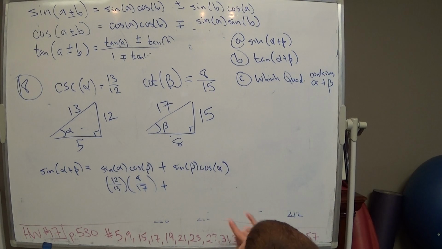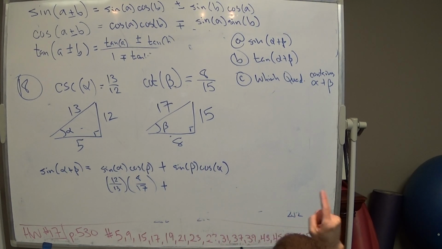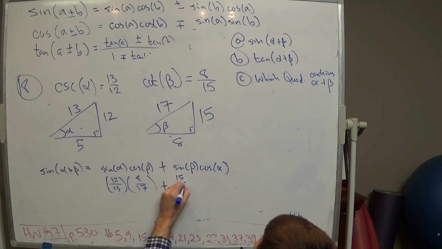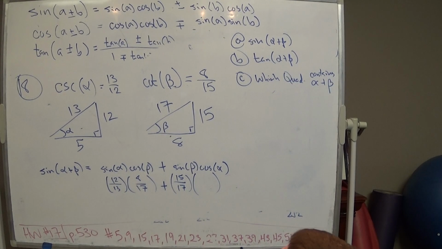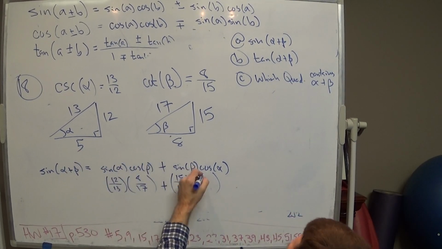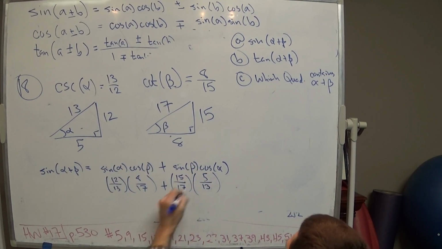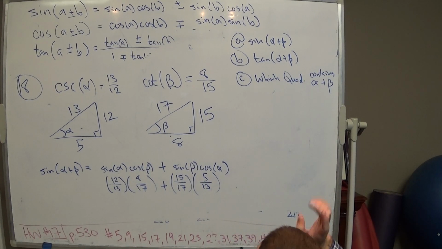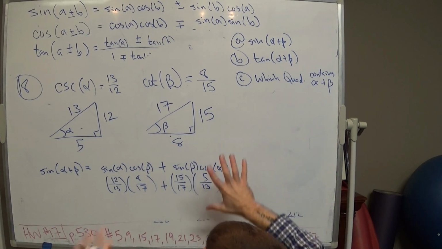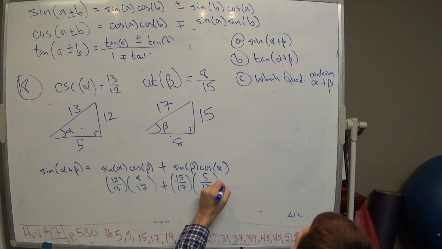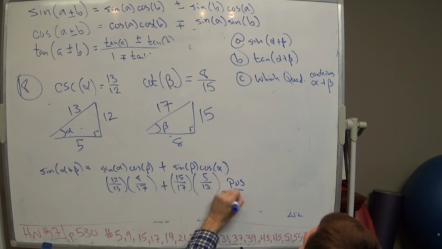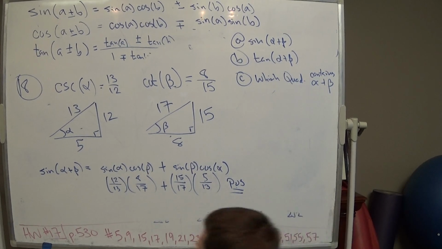So plus, sine beta is what? 15/17 times cosine alpha, 5/13, which you could figure out. Now, for this one, we need to know, is this a positive number or a negative number? Positive. I can tell that it's positive, okay?